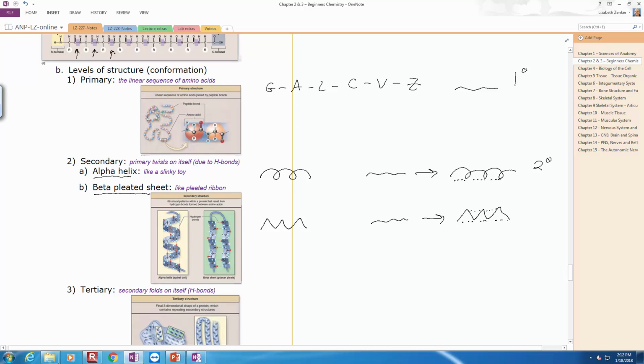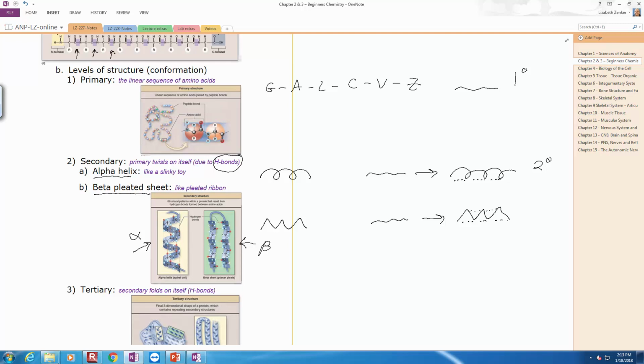Okay? So secondary structure is all due to those hydrogen bonds. Now they show you in a cartoony picture here. This one is the alpha helix. This one here is a beta pleated sheet. So those are Greek letters, the alpha and the beta there. Okay.